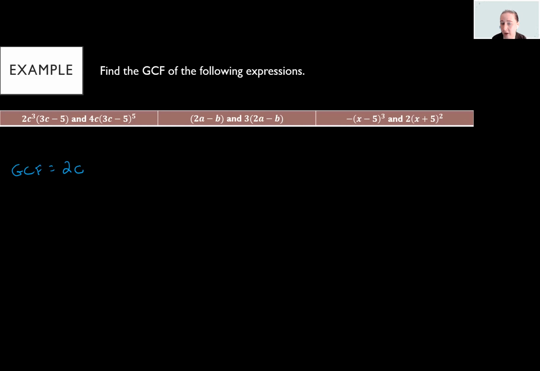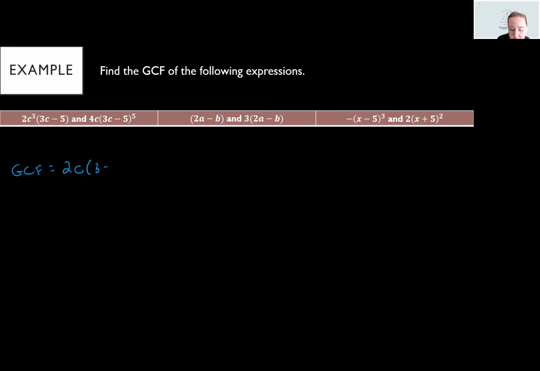Then you look at your binomial parts, the things that are in parentheses. You treat those together. So we've got a 3c minus 5 without an exponent, and then we have a 3c minus 5 with an exponent of 5. No exponent means there's fewer of them than having an exponent.